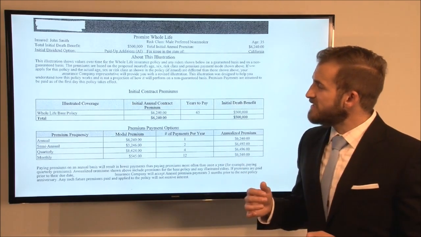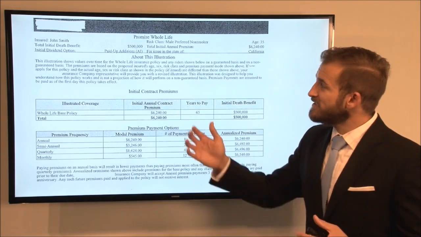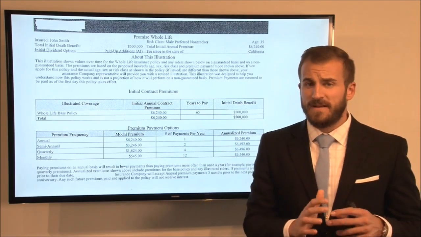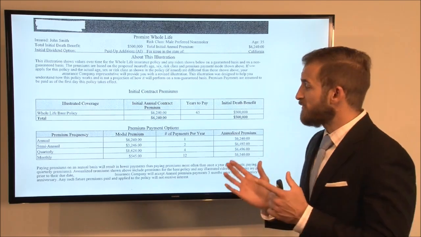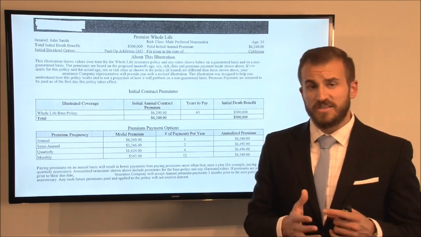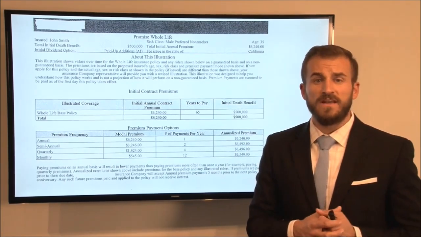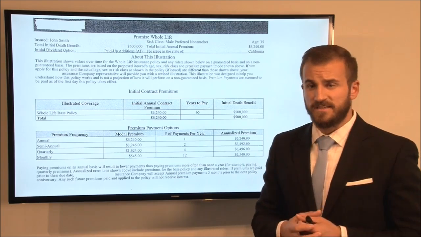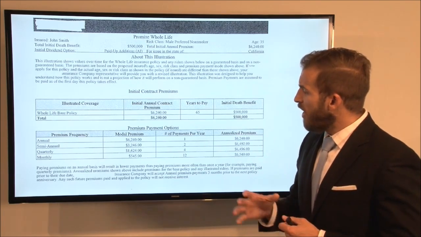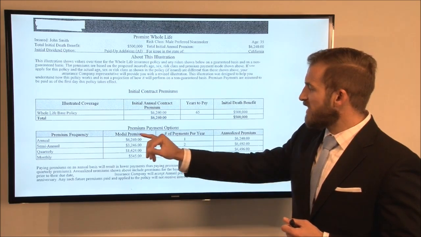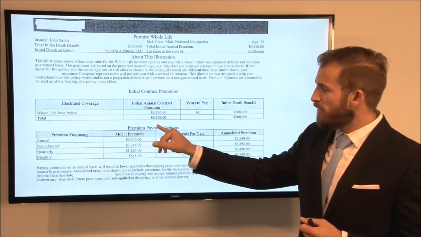So this right here is our generic illustration. As you can see, I already took the name off of this company, but many illustrations, depending upon what company you work with, look very similar to this. So this is going to be a guide that you can use to help read the illustration that you're presenting to your client. This page is showing you and your client exactly what the premium would be for the policy.